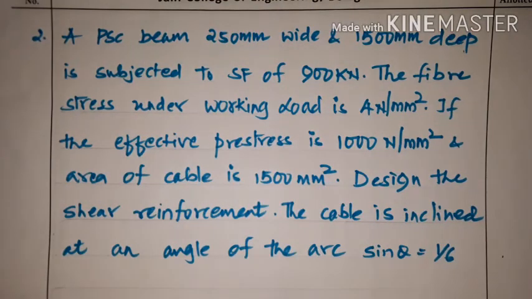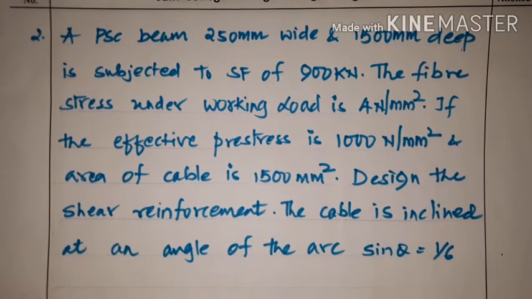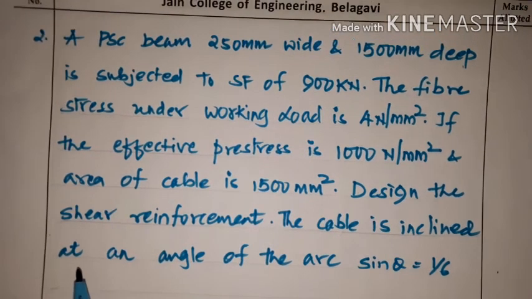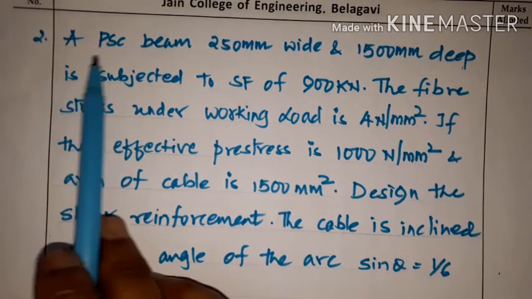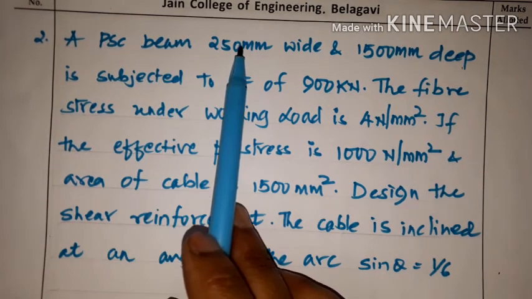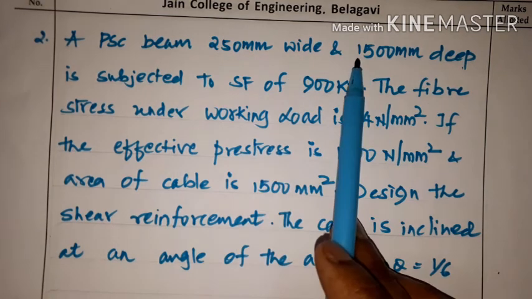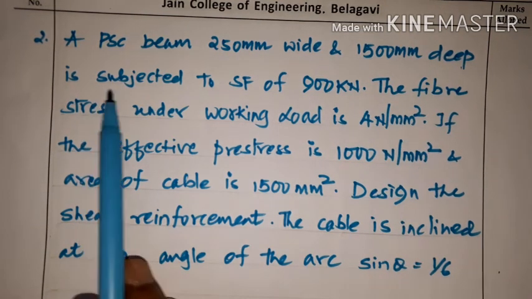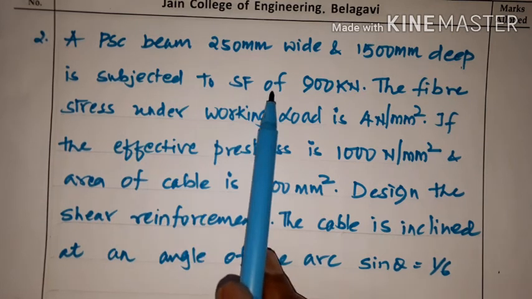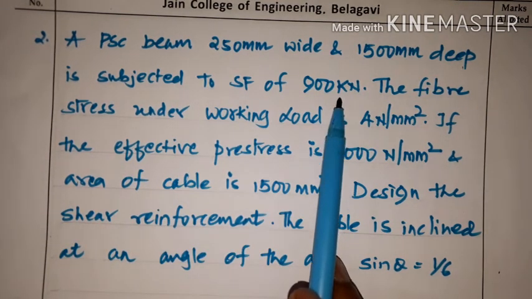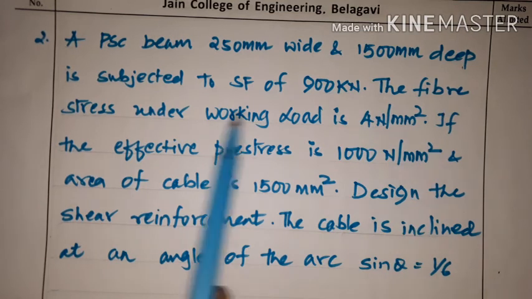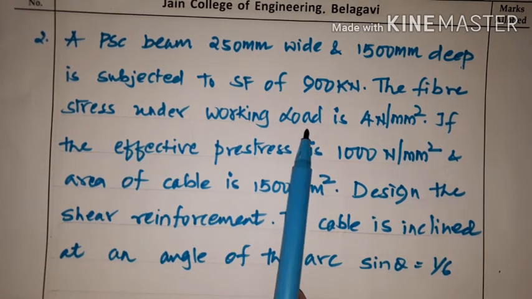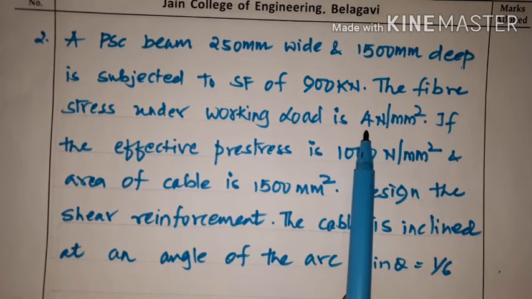So let us solve one more problem again for shear design of pre-stressed concrete beam. So the statement of the problem is: a PSC beam 250 mm wide and 1500 mm deep is subjected to shear force of 900 kilonewton. The fiber stress under working load is 4 Newton per mm square.